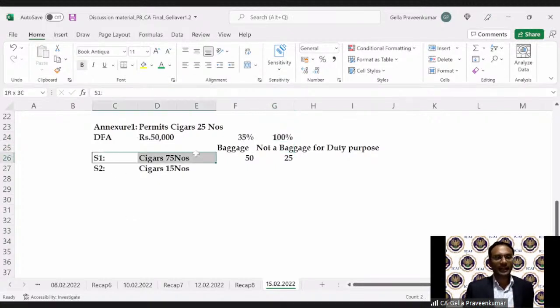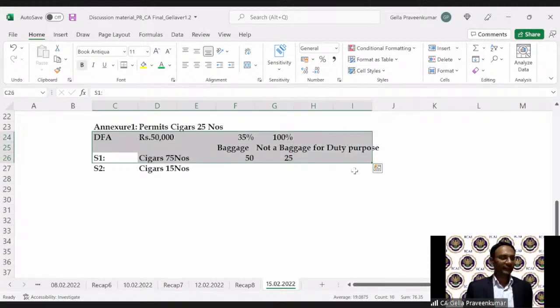Sairam, other students, please understand this point carefully. When you look at your Annexure 1, Annexure 1 says it can be permitted as a baggage, articles allowed free of duty, up to rupees 50,000, excluding articles mentioned in Annexure 1. So I can bring in Annexure 1 up to rupees 50,000.